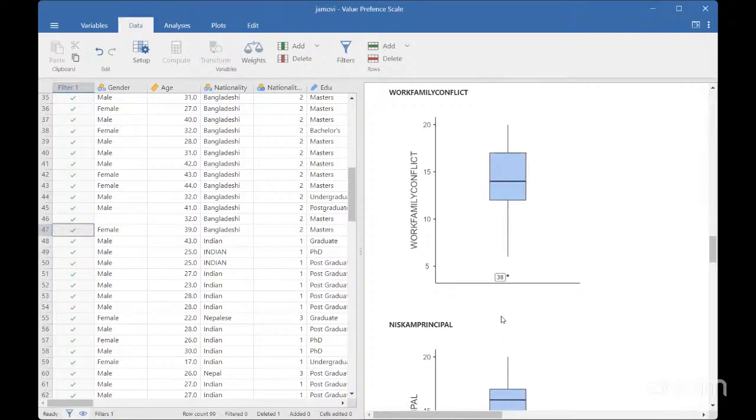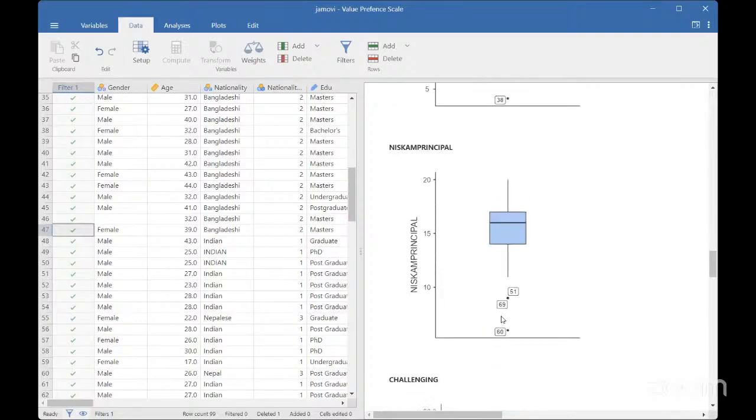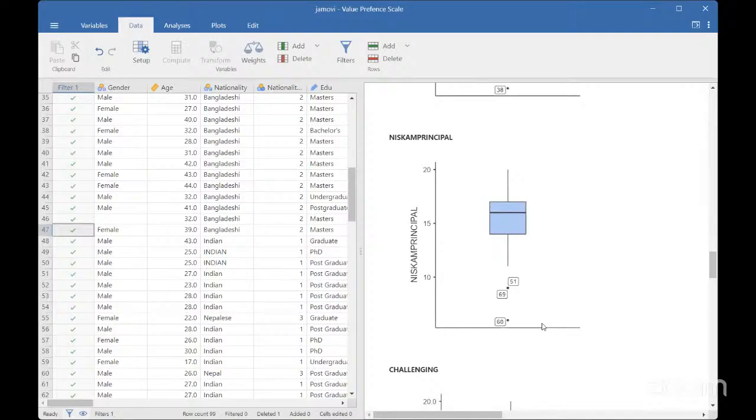Okay, go below. Nishkam principle, 51, 69, 60. So we have to find out whether the outliers are the same in all the values or not.